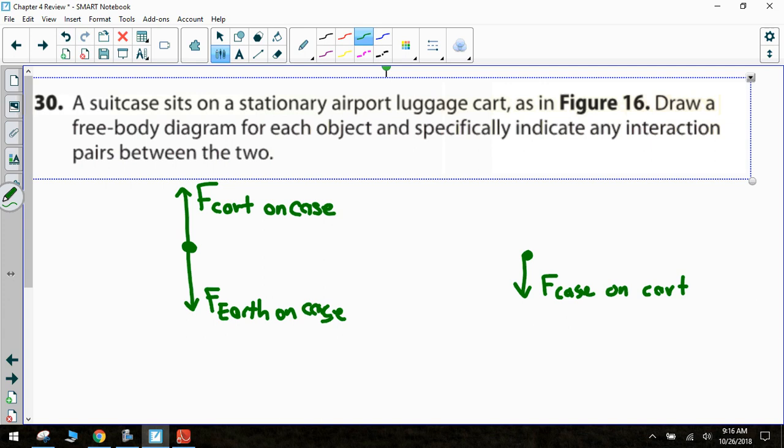And then we have, is the cart touching something? What else? Oh, the floor, right? So the floor is pushing the cart up. So that's the force of the floor on cart.